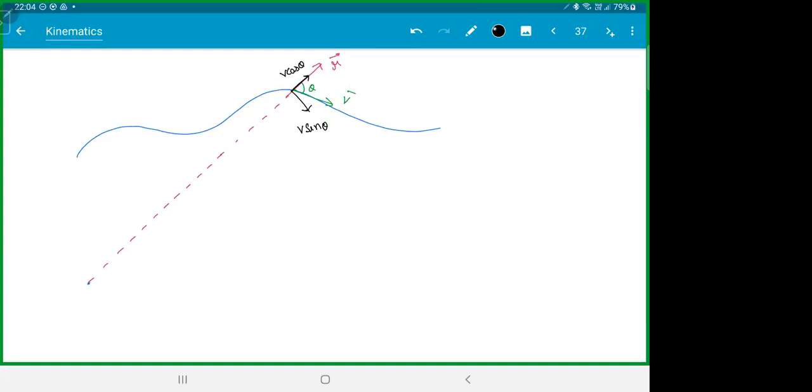Now you tell me, what is v cos theta doing? The v cos theta is responsible for changing the length of the vector. The component of velocity along the r bar is responsible for changing the length of the vector. That is the meaning of components. The other component, v sine theta, is responsible for changing the direction of the vector.